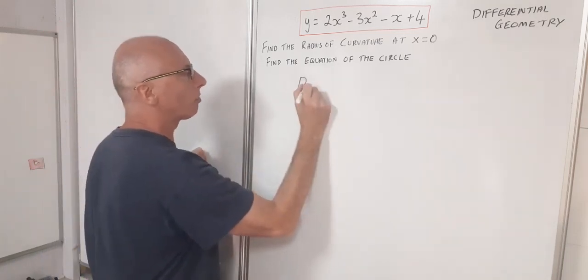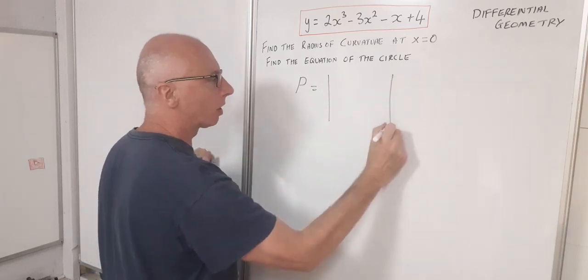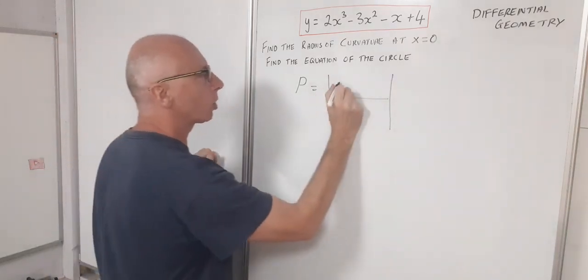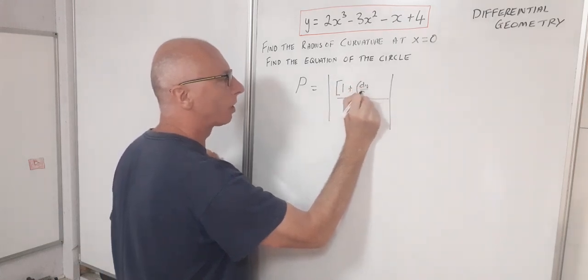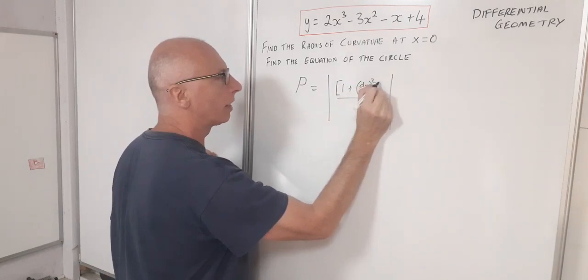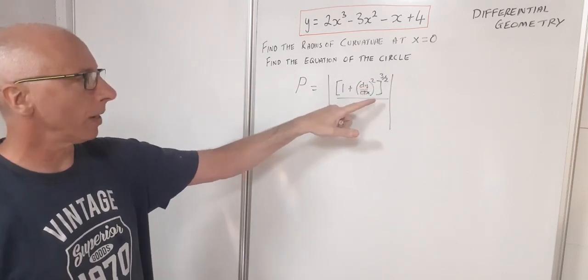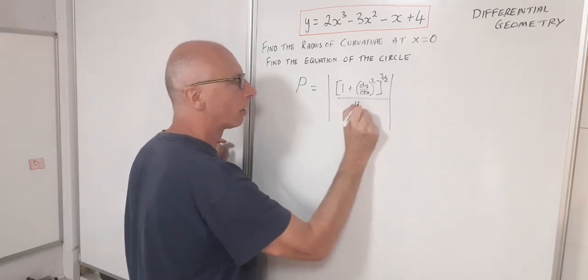We have the Greek letter rho, and that equals, now it's absolute values and it's a ratio, and it's the ratio between 1 plus the first derivative squared, and that's all raised to the power of 3 over 2, so it's cubed, and then we take the square root of it, and then we divide that by the second derivative.